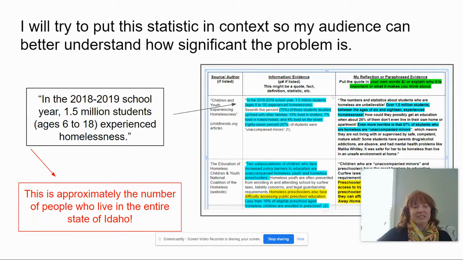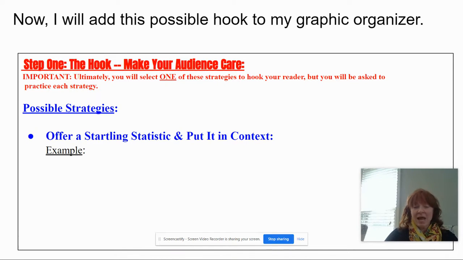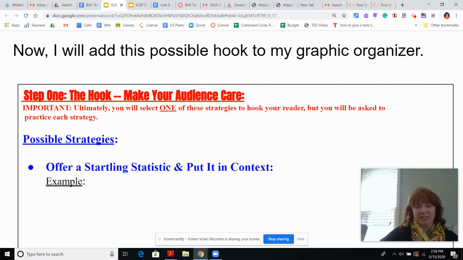So now I've got these ideas bouncing around in my head. So now my next step is I'm going to go back to the graphic organizer that I shared with you today, and I'm actually going to practice crafting this hook using a startling statistic and putting it in context.